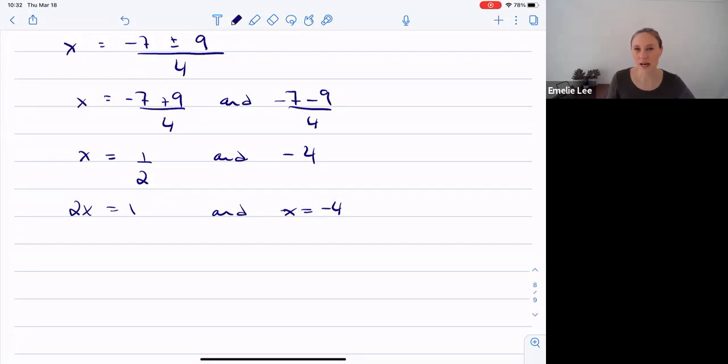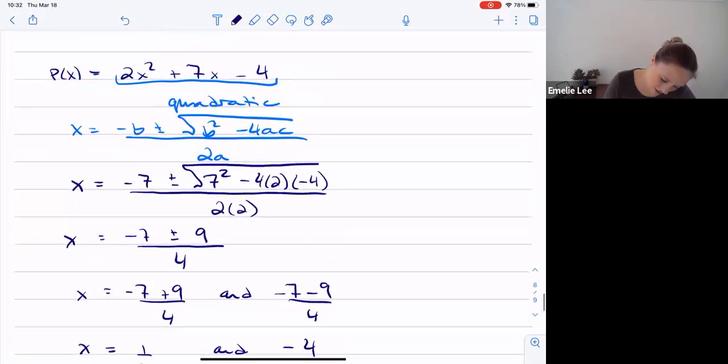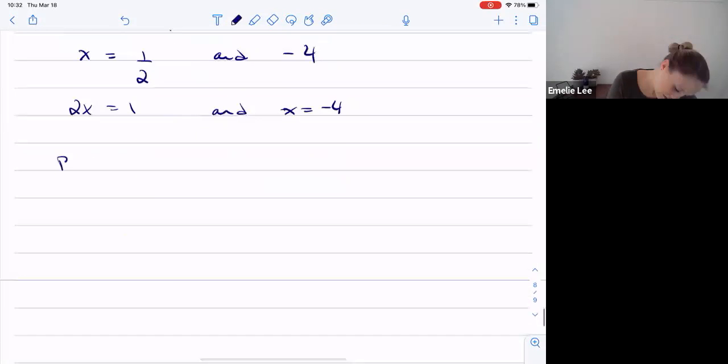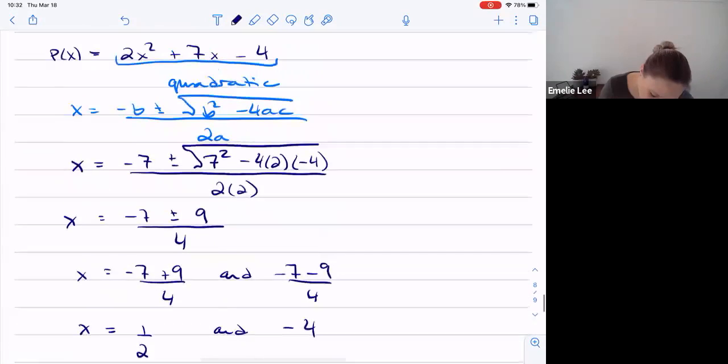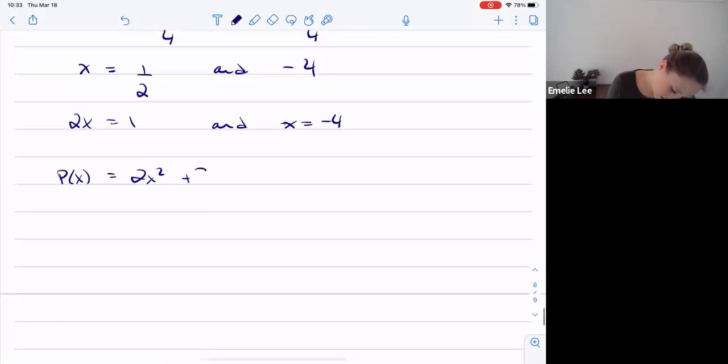So now we can construct this factor, so then P of X equals 2x squared plus 7x minus 4.